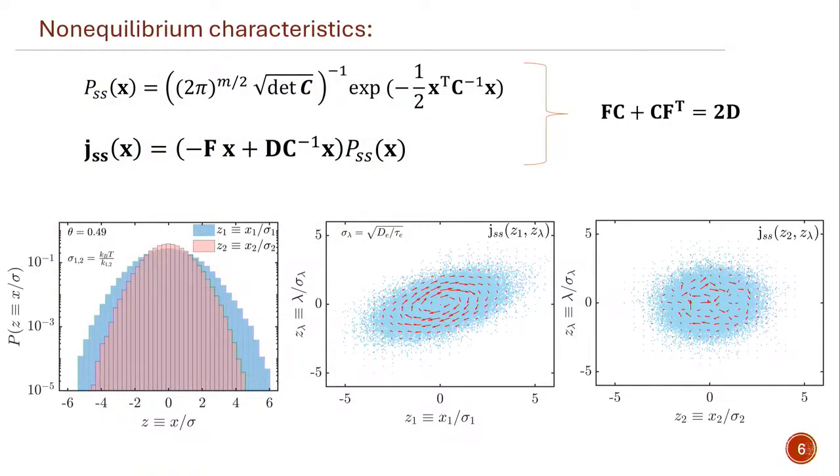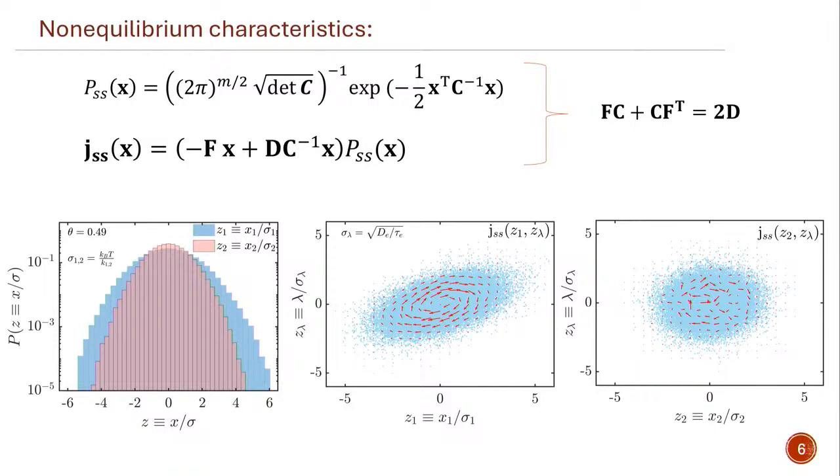So each marginal will be Gaussian, and we see from experiment that the driven particle, which here is the sky blue color, has a higher variance than the fixed particle, and you can see the non-equilibrium current in different phases.